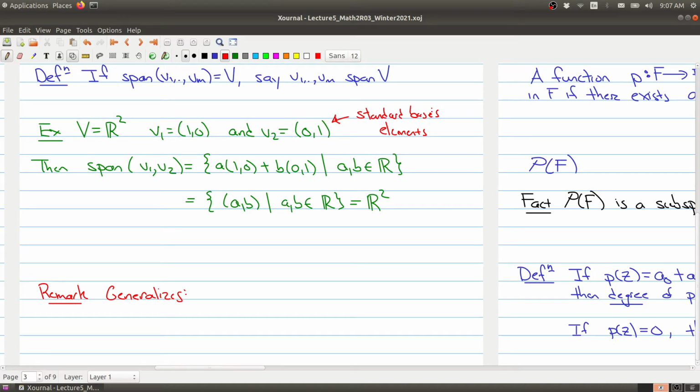And in fact, what I just wrote here generalizes, because you can take (1, 0, 0, ..., 0), and then the vector with 1 in the second spot and zeros everywhere else, the vector with 1 in the third spot and zeros everywhere else, all the way down to 1 in the last spot. This collection of vectors spans F^n. Okay, so it doesn't even have to be the real numbers necessarily, it could be the complex numbers.